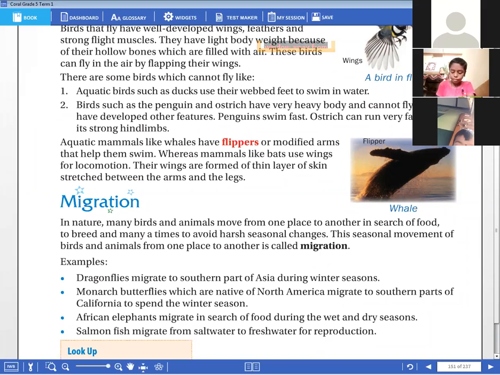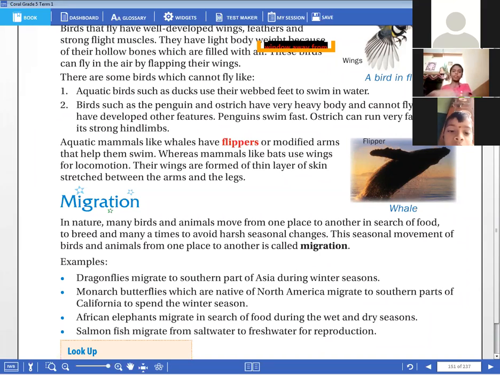Migration, children. Let me tell you. Migration is nothing but moving from one place to another place according to the seasonal changes, children. Migration mostly happens in birds and animals.